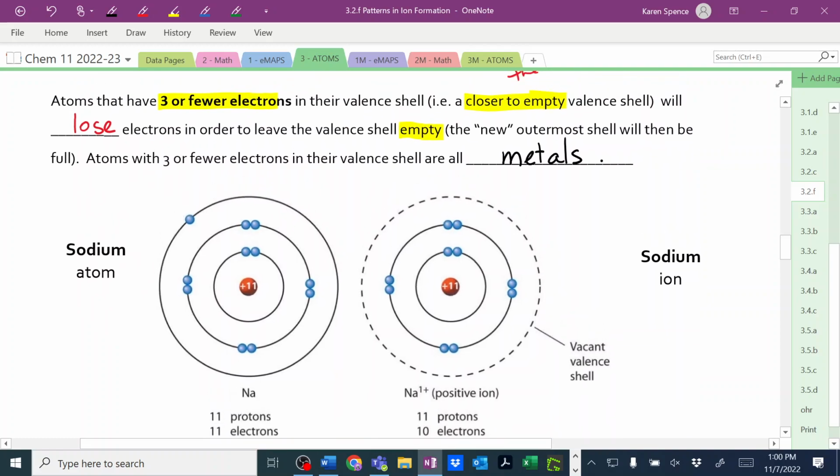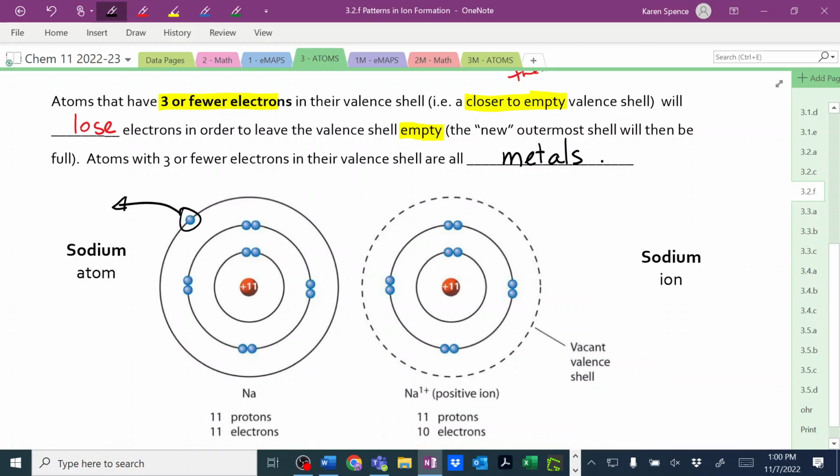All right, so here's sodium. What do you see in sodium's outer shell? One valence electron. What's it going to do? Bye-bye. So now we have an empty or vacant valence shell. What should I do with that Bohr model? Destroy it.